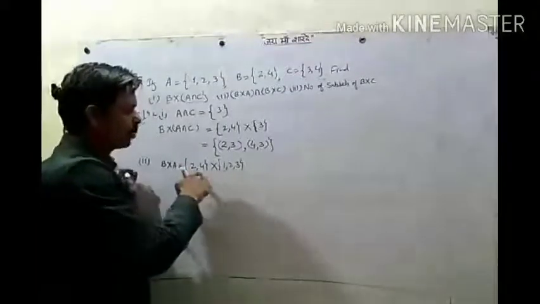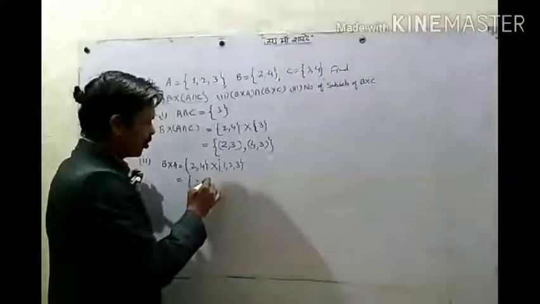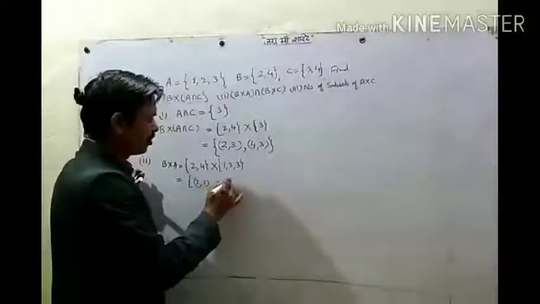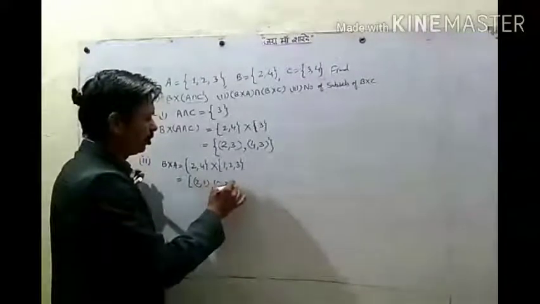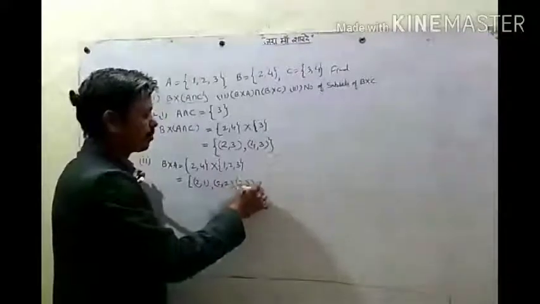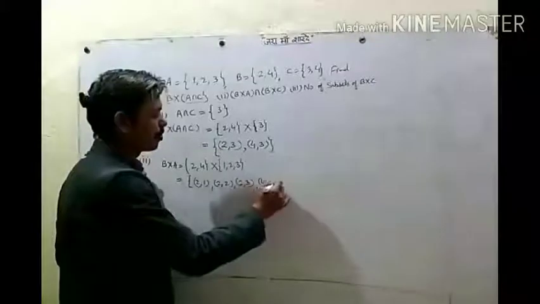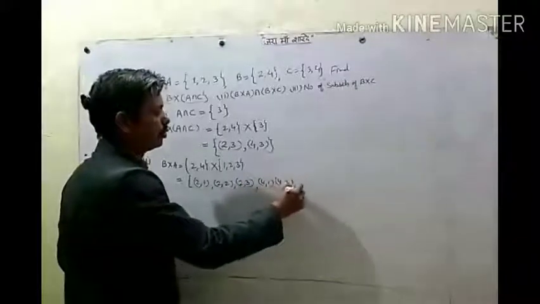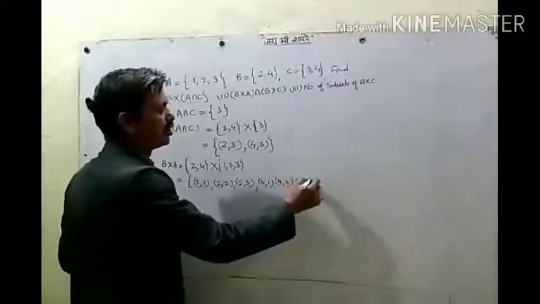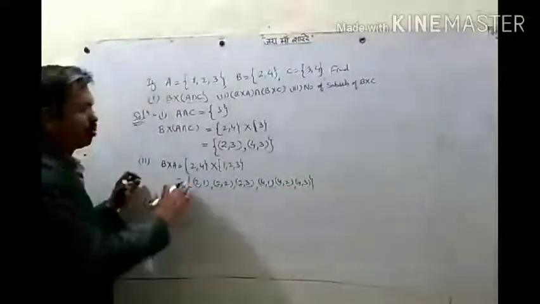With this we can make pairs of 1, 2 and 3. Means 2, 1, 2, 2, 2, 3. Then 4, 1, 4, 2, 4, 3. ठीक है. This is our B cross A.